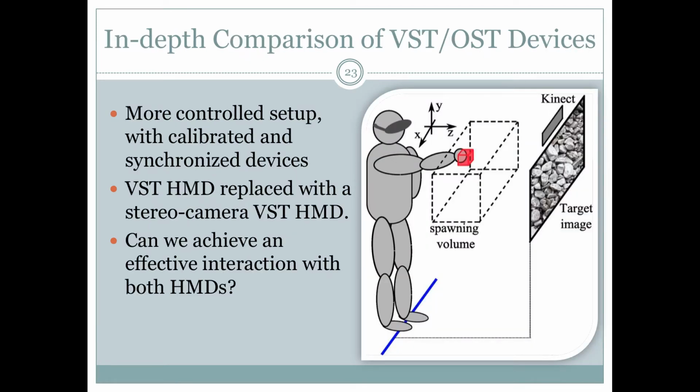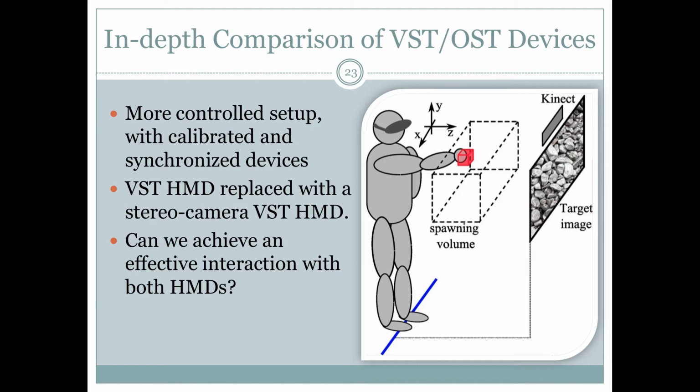This is the experiment that I have already done, but should be performed again in a more controlled manner, because in this situation we compared a system which was monocular, the Google Cardboard, with a MetaVision, which is a much more expensive system, and it was not a really fair comparison.